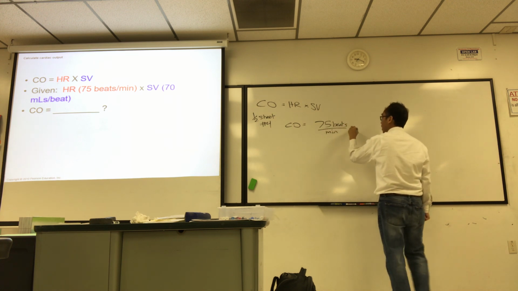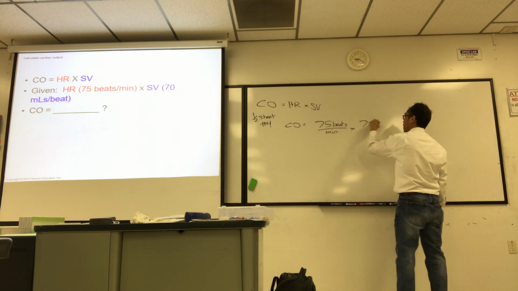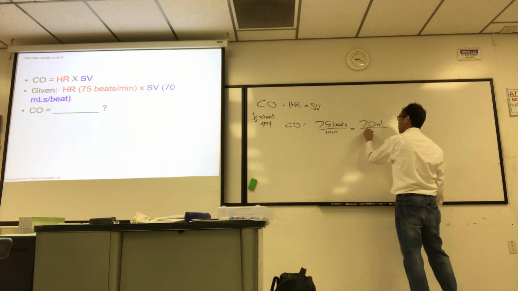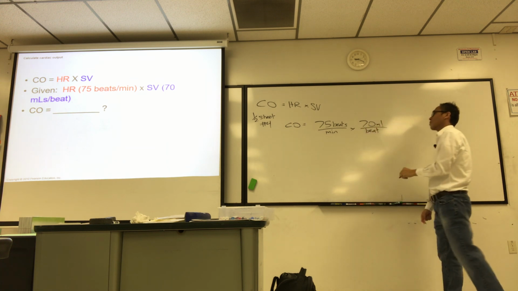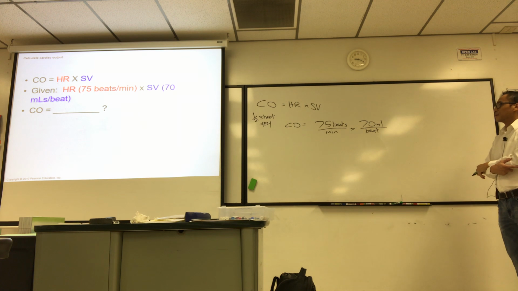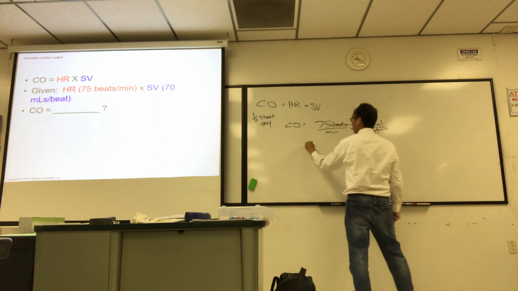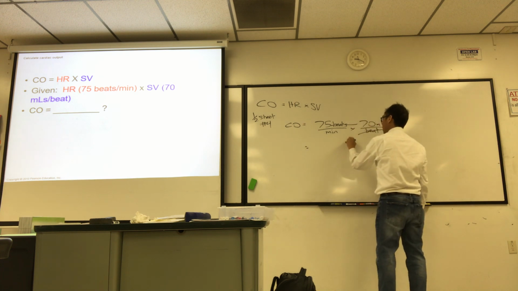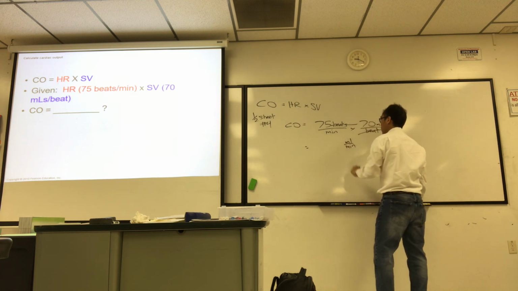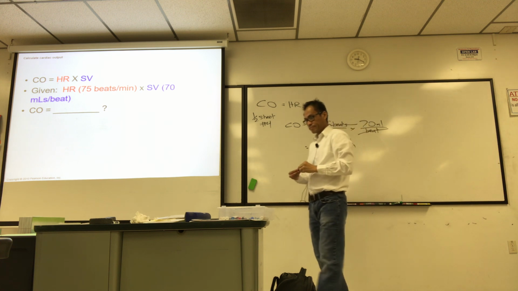We multiply that by 70 ml per beat. What units cancel out? Boom, boom. What units are left? Mils per minute. That's 75 times 70.